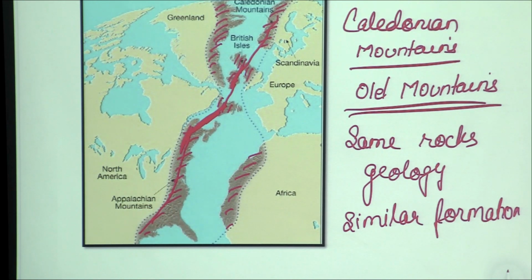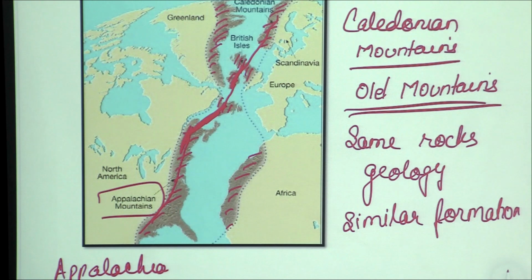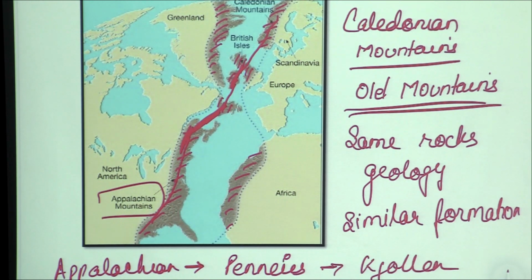So if I take Appalachian, which is mentioned here, Appalachian mountains continues as Pennines Mountains of British Isles and Jolan Mountains of Scandinavia.